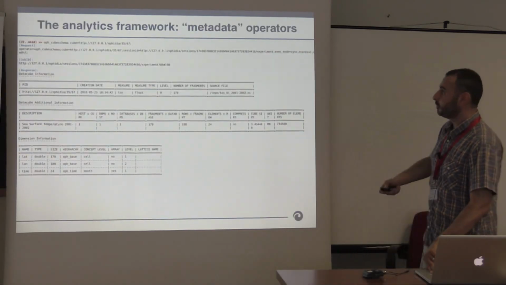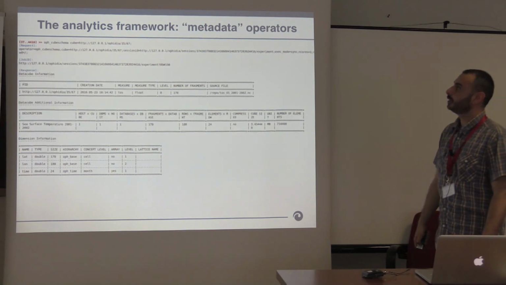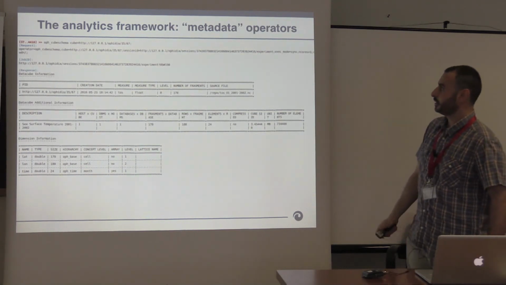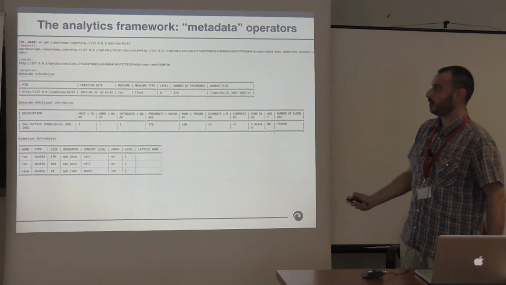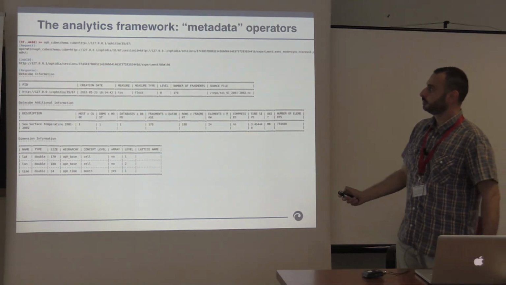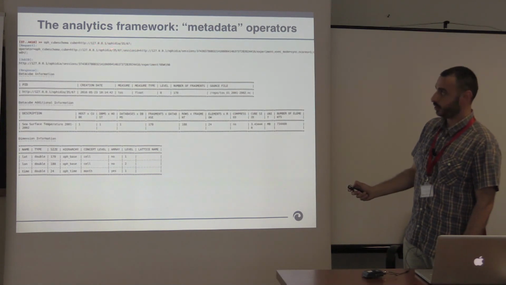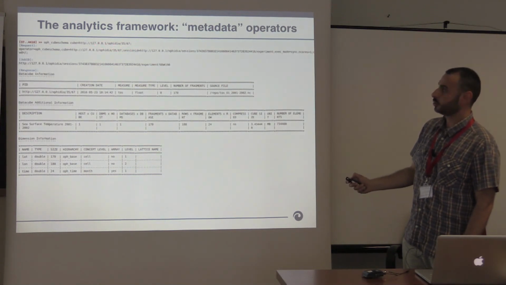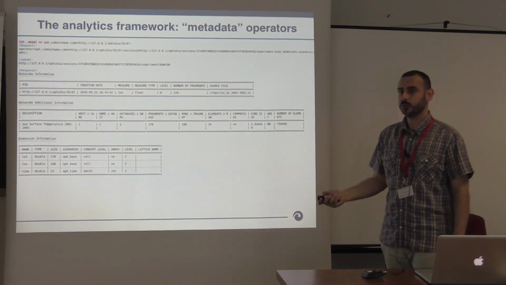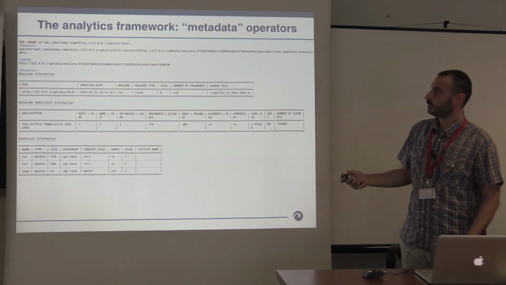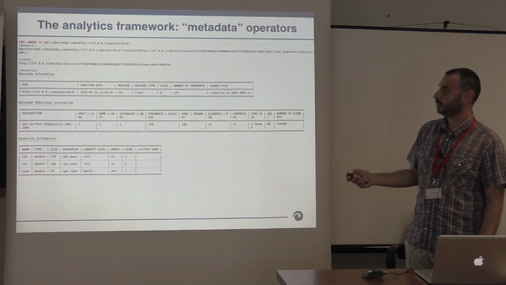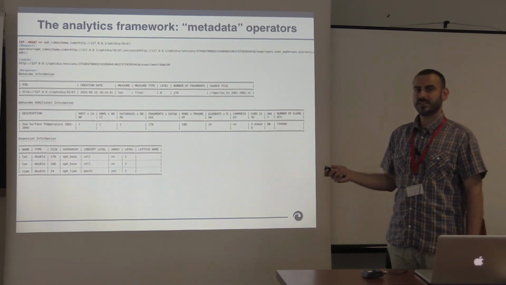As I said before, we implemented also many metadata operators. This is an example of the cube schema operator. So we can use cube schema with the persistent identifier of the cube in order to show metadata information about our cube. For example, the persistent identifier, the creation date, the measure inside the cube.